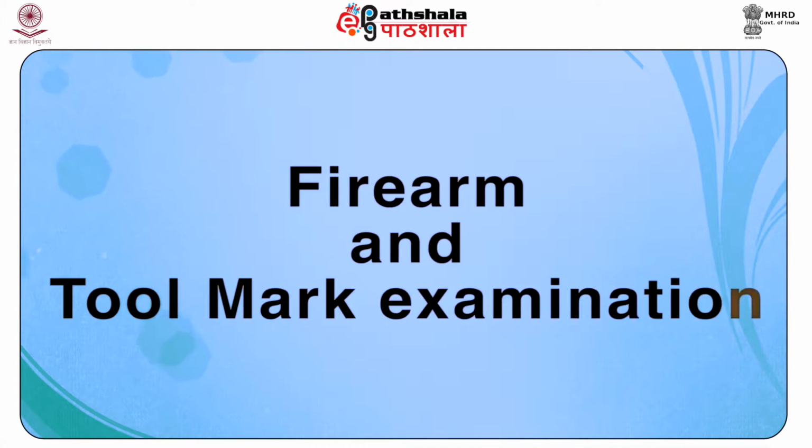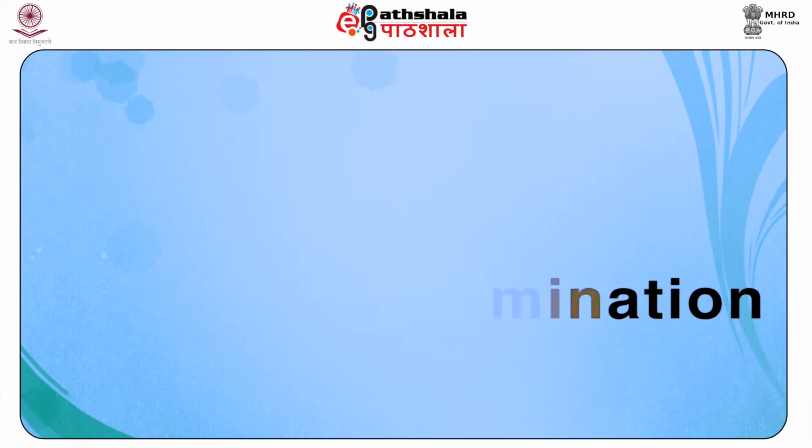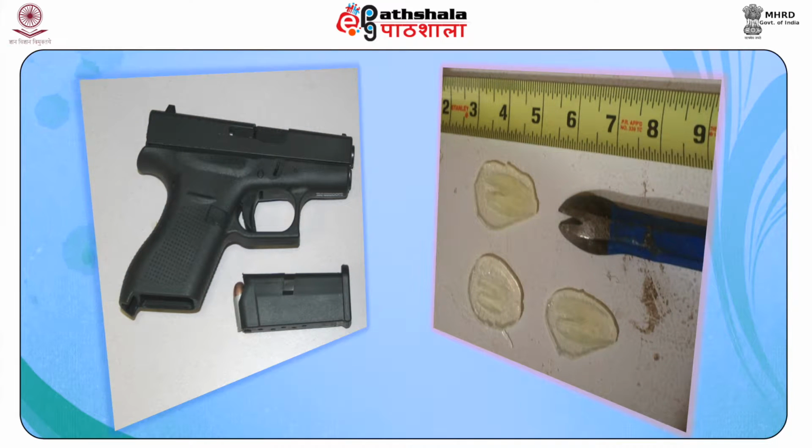Next is firearm and tool mark examination. In most laboratories in India, the firearm and tool mark division is a part of the physical section, but in some it is elsewhere. It varies according to convenience and the number of cases referred to the laboratory.